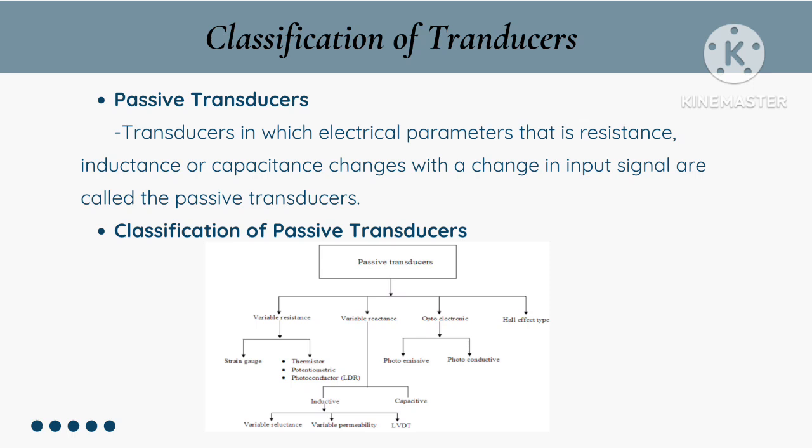Examples include photoemissive and photoconductive. And lastly, the Hall effect type uses the Hall effect principle to measure magnetic fields or current. The Hall effect is the phenomenon where a voltage difference appears across a conductor placed in a magnetic field. This voltage difference is proportional to the strength of the magnetic field or the current flowing through the conductor.